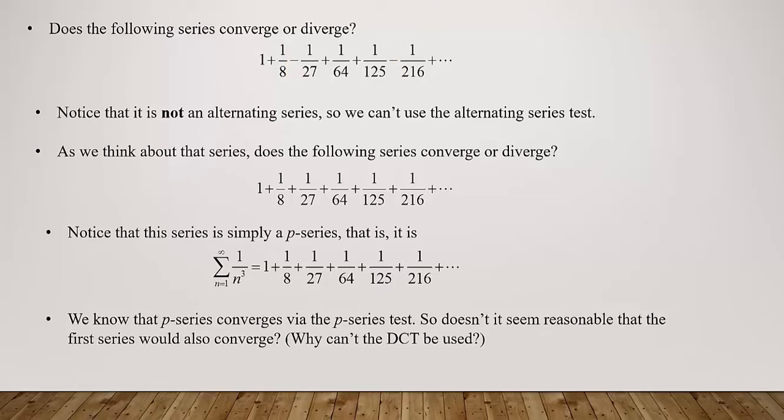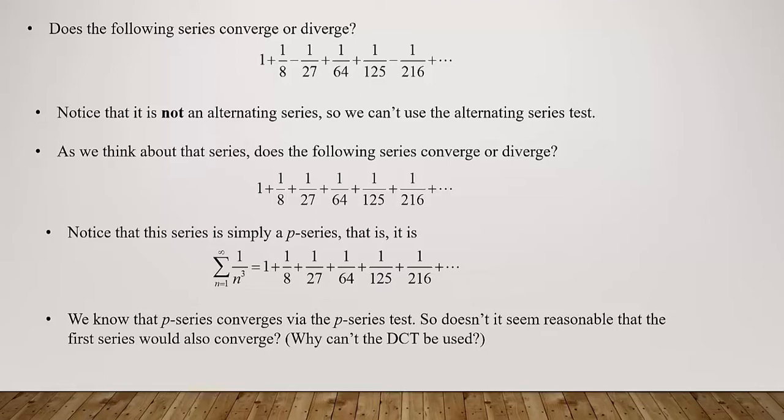Doesn't it seem that the sum of the series at the top of the slide here would be a little bit less than the sum of the p series, 1 over n cubed? To me, it logically makes sense.